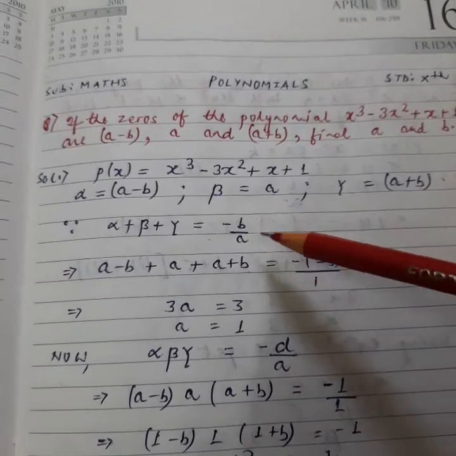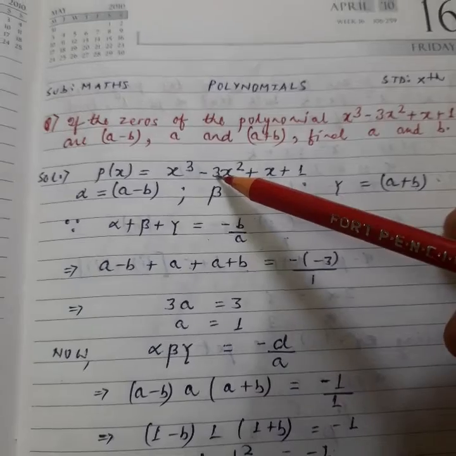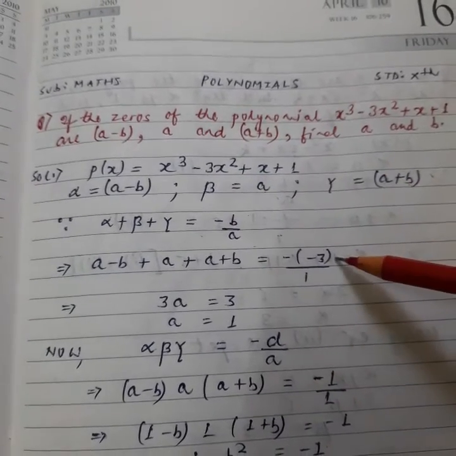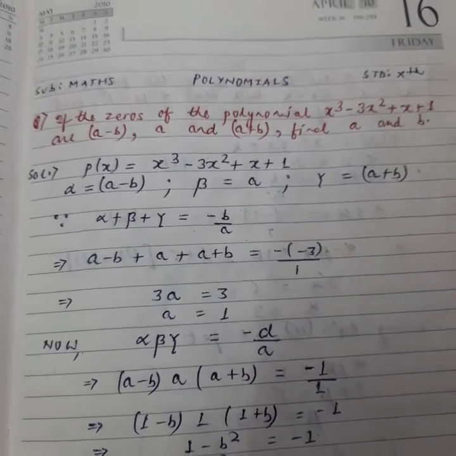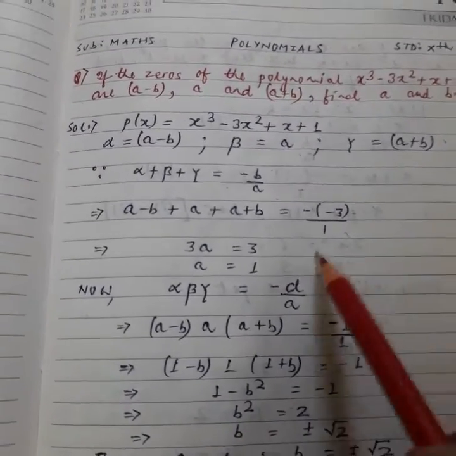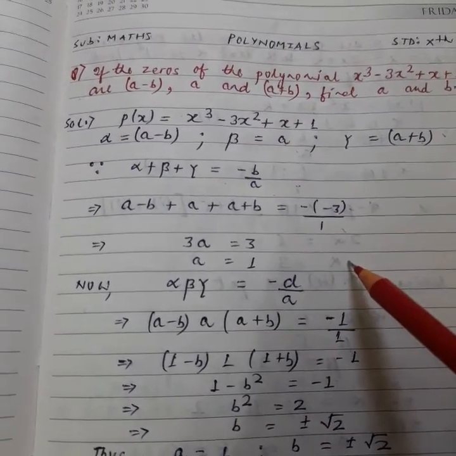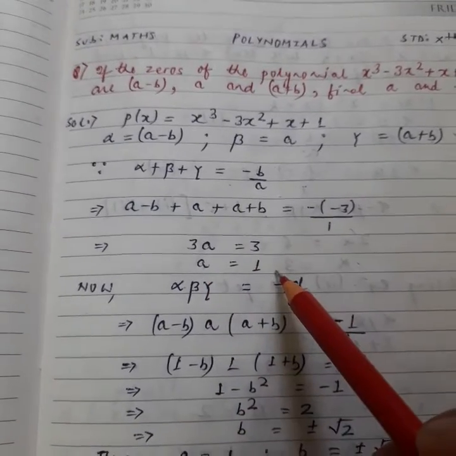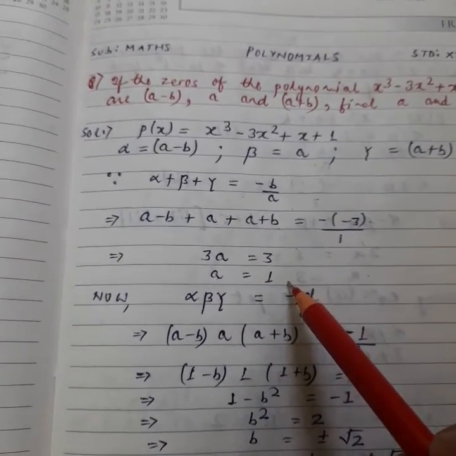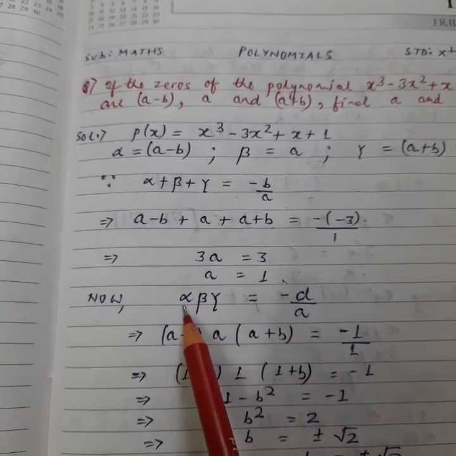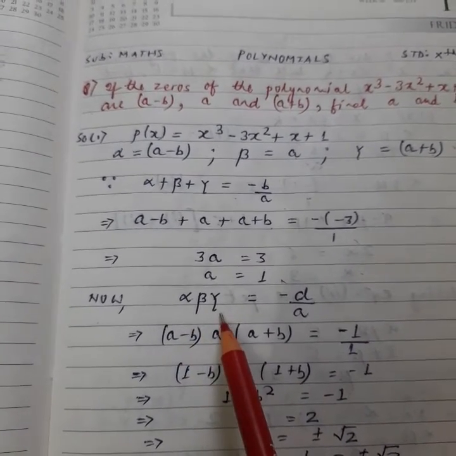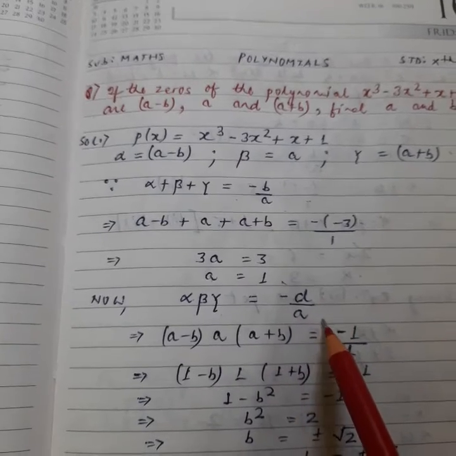In place of minus b by a, b is minus 3, so here it is minus 3, and a is 1, so here it is 1. Now, solving this equation, we can easily get that the value of a is 1. Now moving further, if I use the product of zeros, that is alpha into beta into gamma, which is minus d by a.